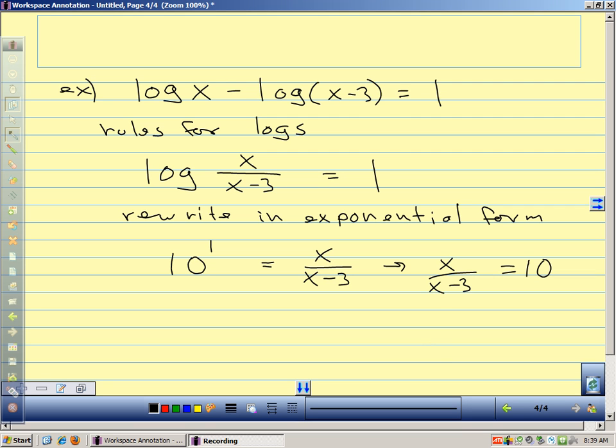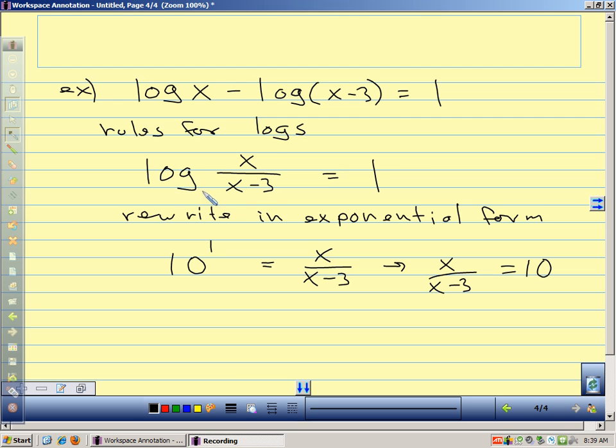Yeah? You have found a solution of doing like a reverse change of base, add log of x minus 3. Change of base, and do the reverse of that. Here the x minus 3 isn't our base.